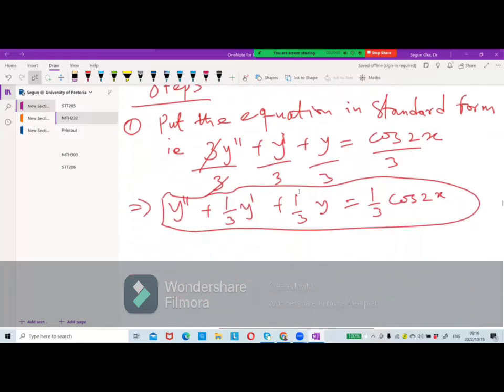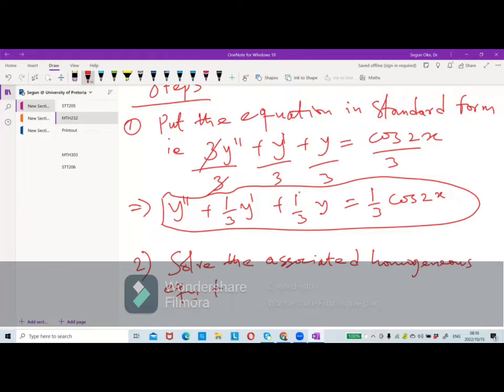Okay, let's look at step 2. That's step 1. Step 2: solve the associated homogeneous equation to get your y complementary.